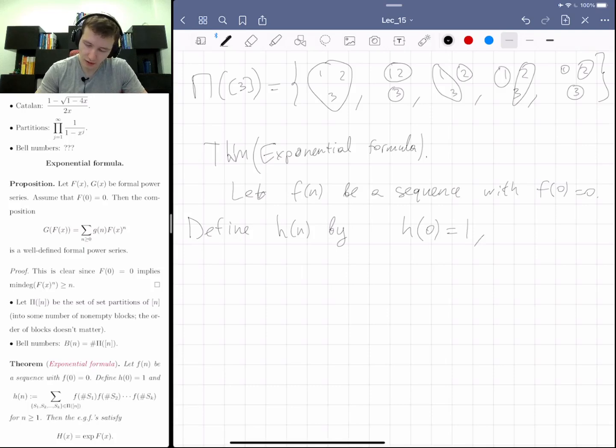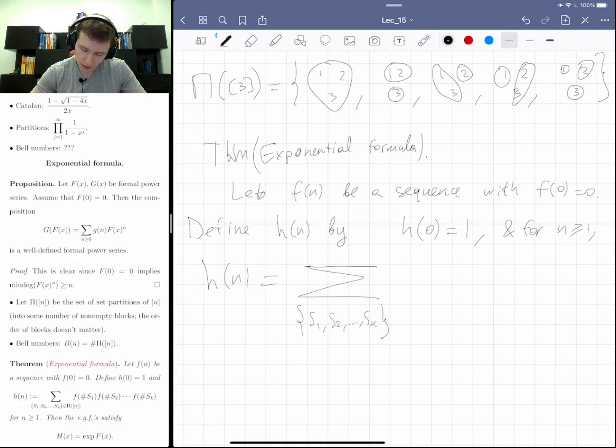And for n greater than or equal to 1, h of n is given by a sum over all elements s1, s2, all the way up to sk in the set partitions of bracket n, and then you take f of the cardinality of s1 times f of the cardinality of s2, etc., f of the cardinality of sk.